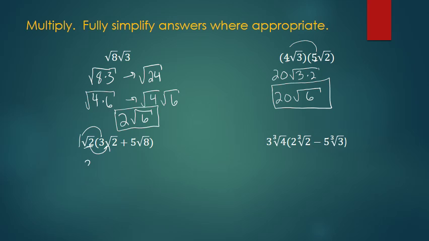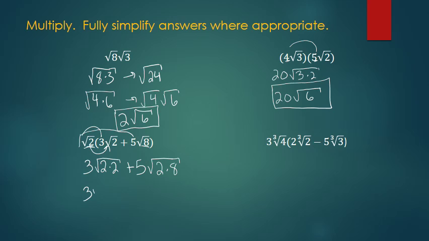Well, 1 times 3 is 3. Then we get the square root of 2 times 2. So we're done with that first term. Now we do plus 1 times 5, which is 5, square root the values on the inside multiplied, which is 2 times 8.